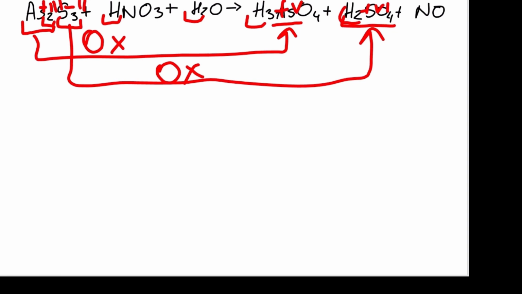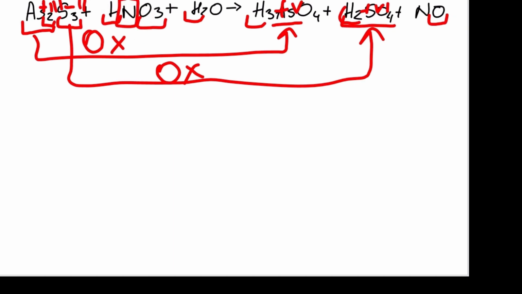So hydrogen as well as oxygen do not change their oxidation state. Oxygen in nitric acid and water as well as arsenic acid, nitrogen oxide and sulfuric acid has oxidation state equal to -2. Okay, so what about nitrogen in nitric acid?